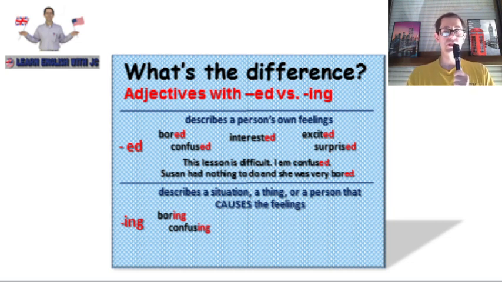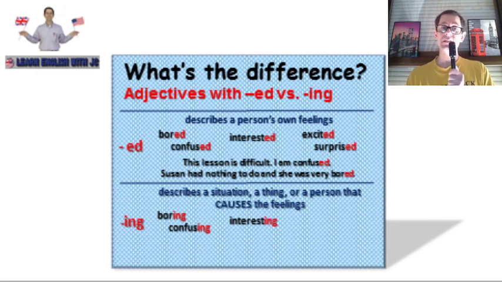Let's see. For example, we have two adjectives here. Boring, ending in ing. You don't pronounce the G, you say boring, very, very soft. Another example could be confusing. Boring and confusing are two examples. A very typical example is interesting.